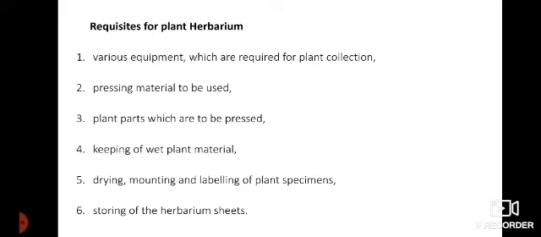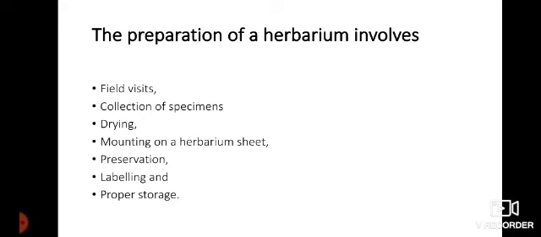Which part has to be pressed is known by the technician, and also how to keep the material if it is a wet collected plant material. If it is a dry specimen, that has to be dried, followed by mounting and labeling of the plant specimen. And lastly, that has to be stored as herbarium sheets.